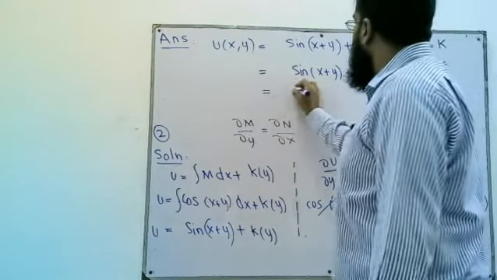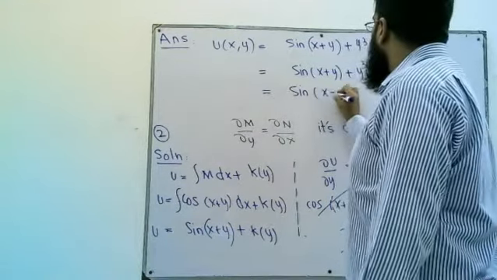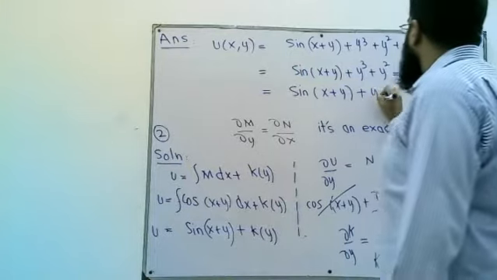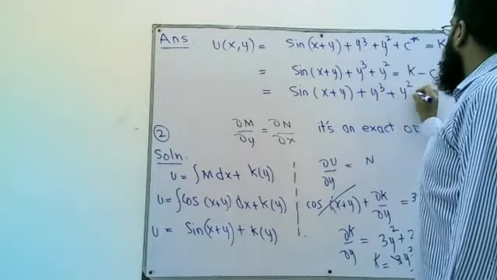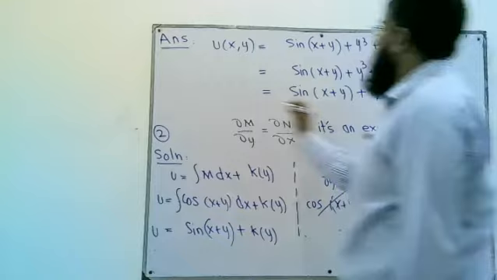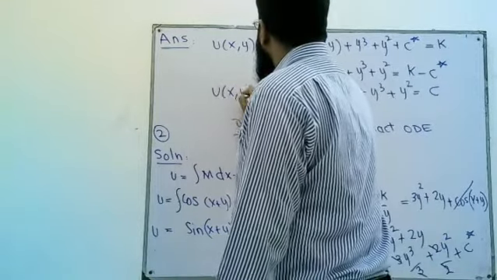So this can also be written as sine of (x+y) plus y cubed plus y squared, and this k minus the constant can be written as c. So this is your solution.